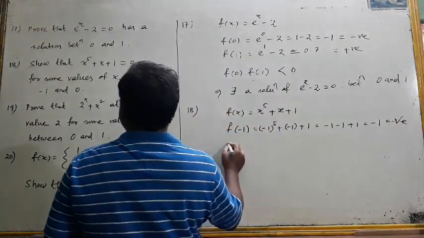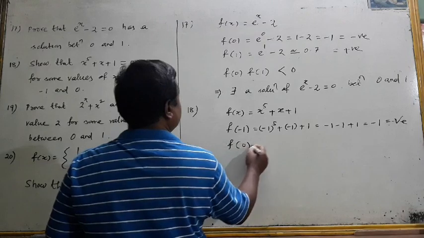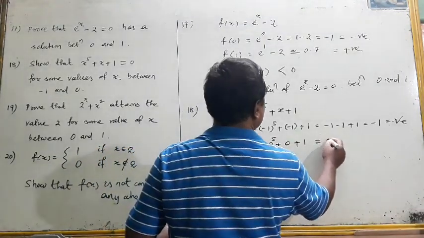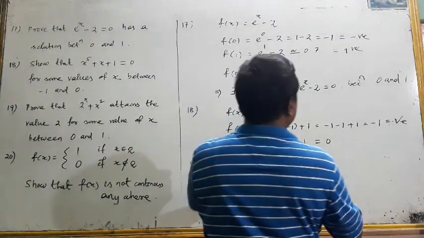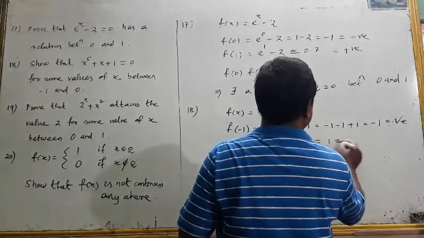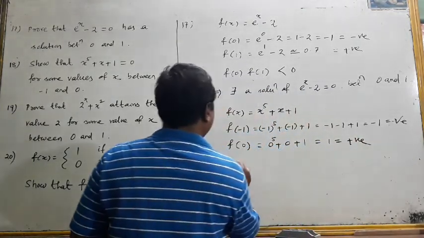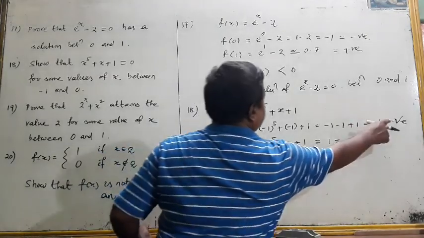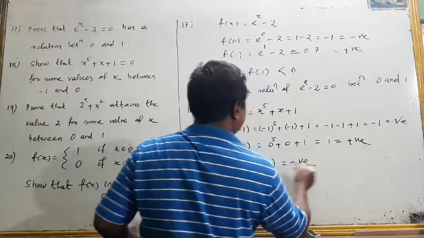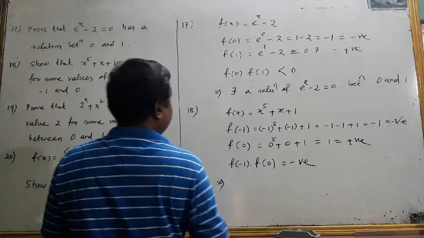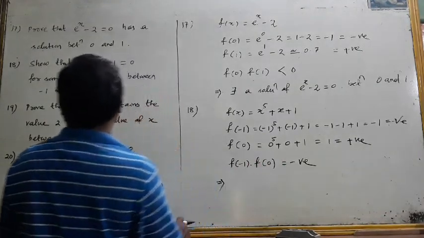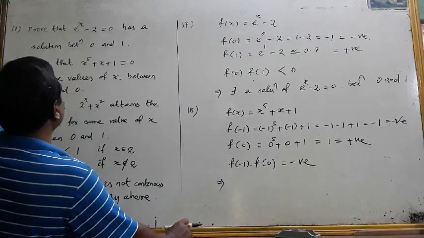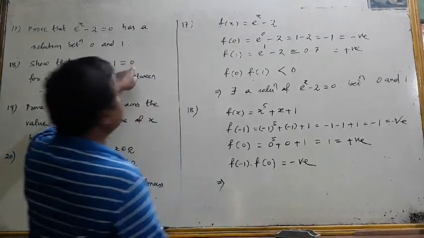Then what is f(0)? f(0) is 0 to the power 5 plus 0 plus 1, which is equal to 1, positive. f(minus 1) into f(0) is negative into positive, the result is negative. This implies if f(a) into f(b) is negative, then for some values of x between minus 1 and 0 there exists a solution. Solutions means it is 0.